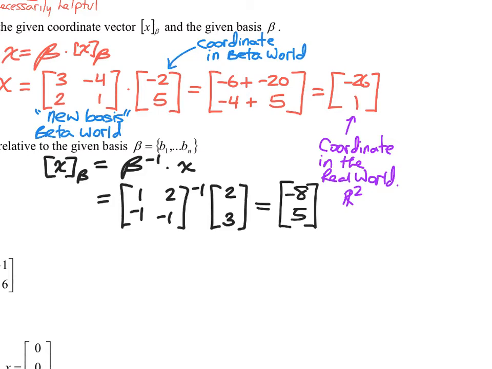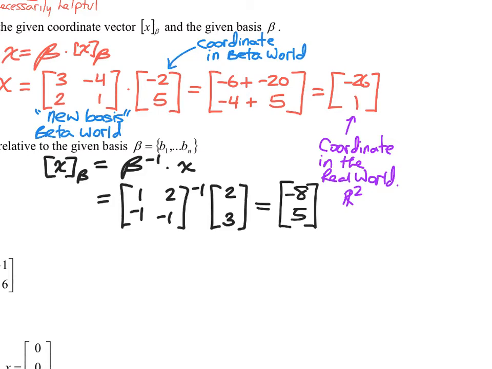All right, so in the previous example, what we kind of gathered from the operation is that multiplying a beta vector by the basis for beta converted it from beta world to the real world.